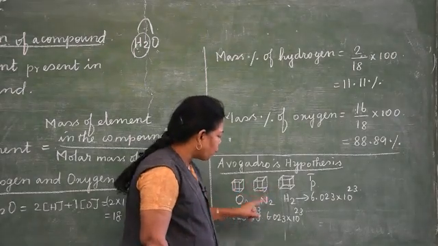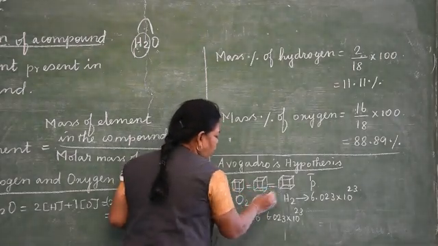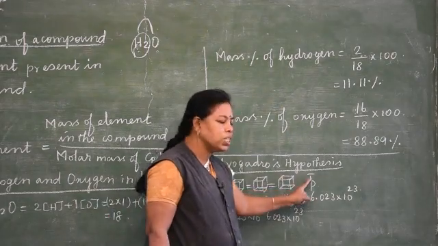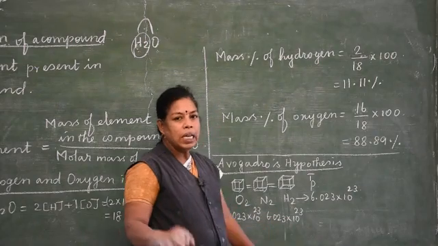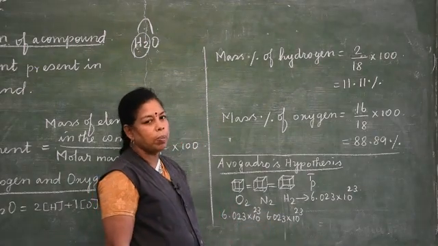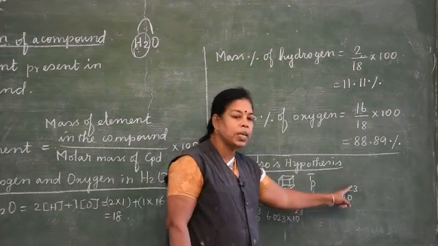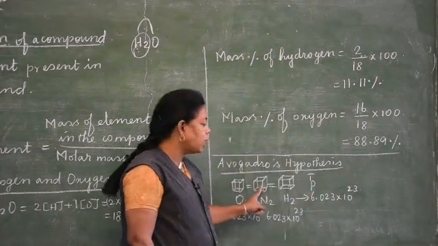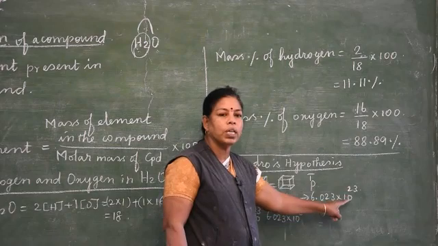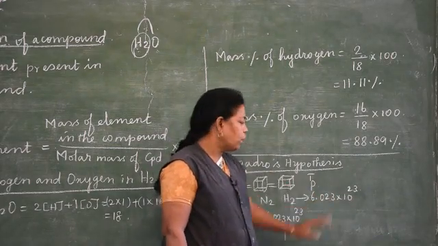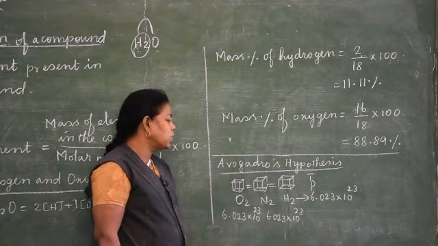Equal volumes of all the gases at the same temperature and pressure contain the same number of molecules. For example, if this contains 6.023 into 10 to the power 23 molecules, this also contains 6.023 into 10 to the power 23 molecules, and this also. So what is Avogadro hypothesis?